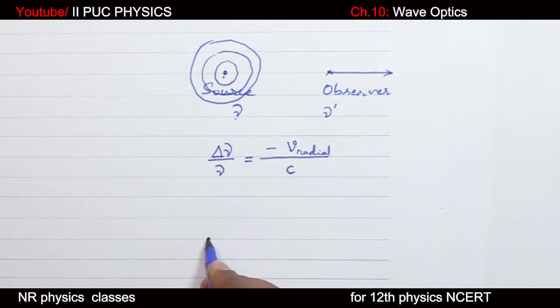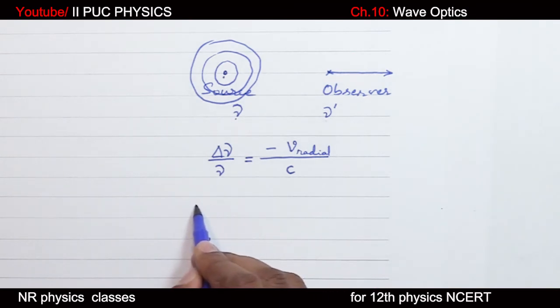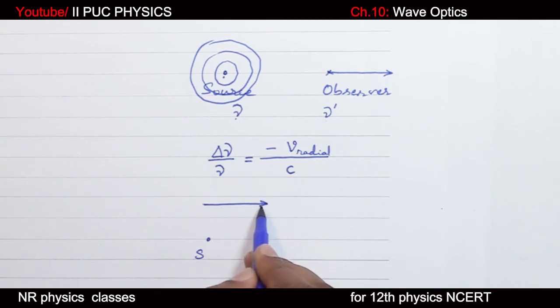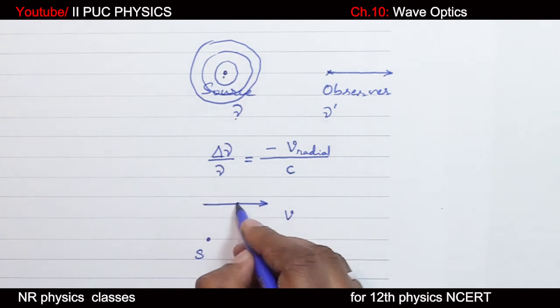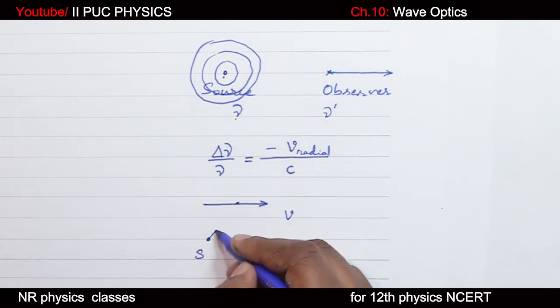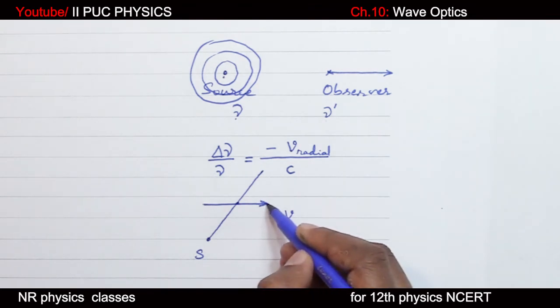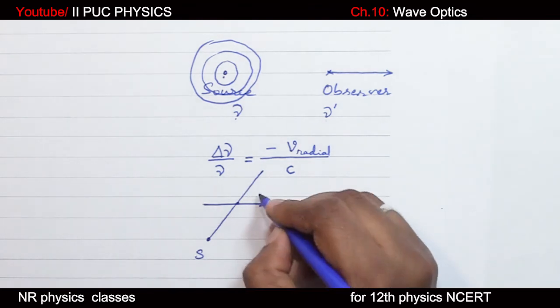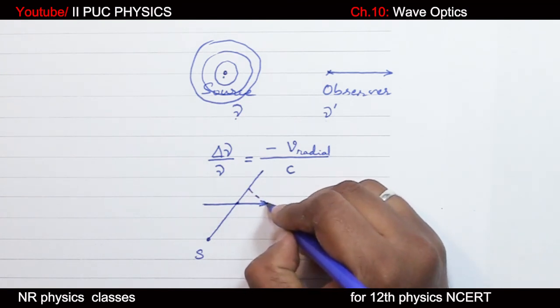Suppose this is the source. Observer is moving like this. This is the velocity of the observer. At this point, draw a radius. You should find the component of this velocity along this radius. Students, how to find the component? Drop a perpendicular.